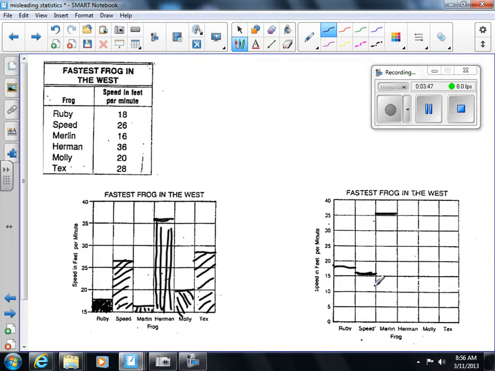I missed the 26. Okay, so let's fix that. Speed is 26. Merlin is 16. Herman is what? 36. Now we're doing better. And Molly is 20. And Tex is 28.